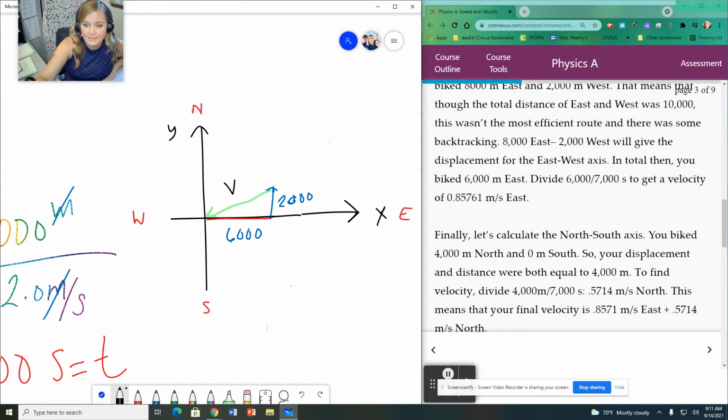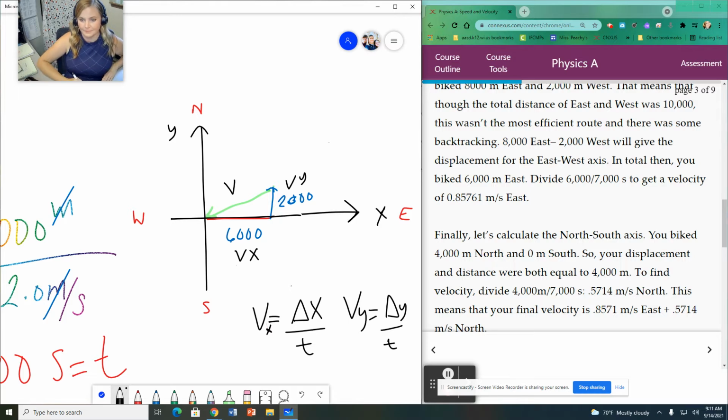Well, this here is our velocity in the x direction, and this will be our velocity in the y direction. Velocity is equal to distance over time. Or the velocity in the y direction is equal to distance over time, right?